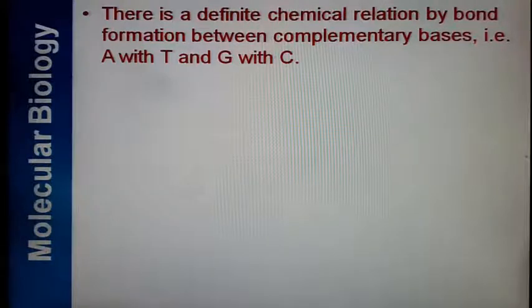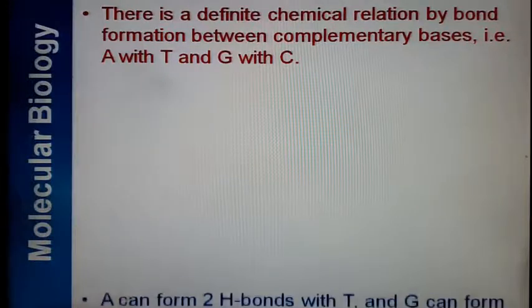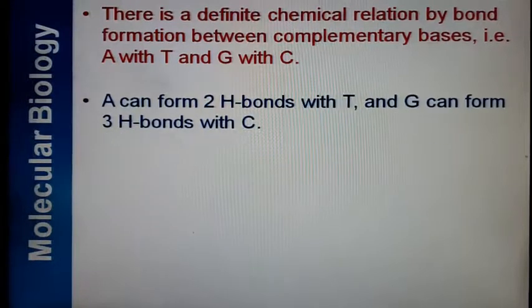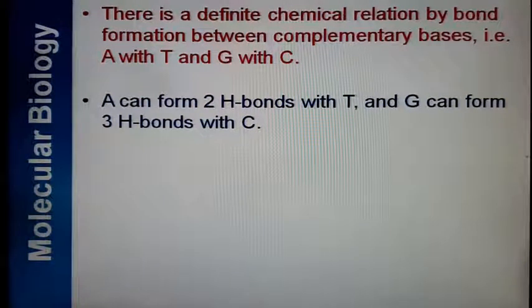Now, A can form a bond with T by formation of 2 hydrogen bonds. G can form a bond with C by formation of 3 hydrogen bonds. And it is possible only when A faces T or T faces A, G faces C or C faces G.